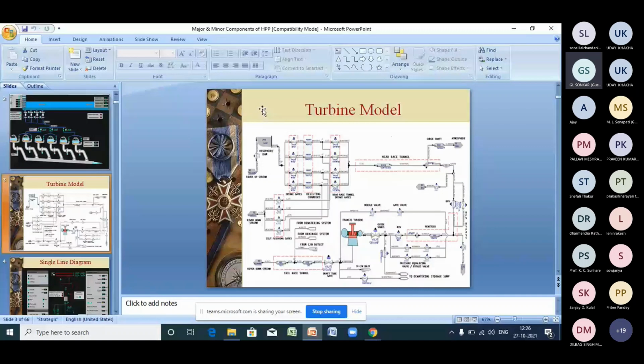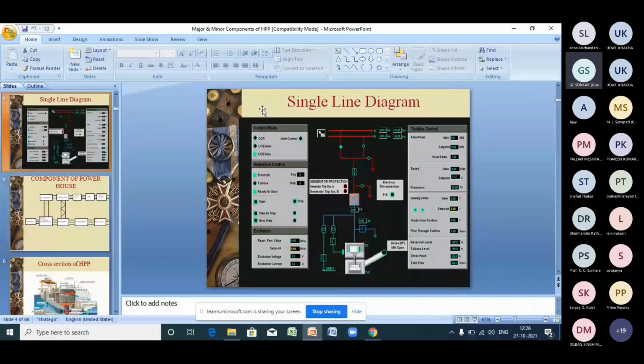This is the SCADA you use in operation also. You see a 2 bus bar system is there, and 1 unit you are simulating there. The power plant can be operated in 3 modes: CCR mode, UCB auto, and UCB manual. CCR means centralized control, then UCB auto is unit control board auto and UCB manual is unit control board manual.